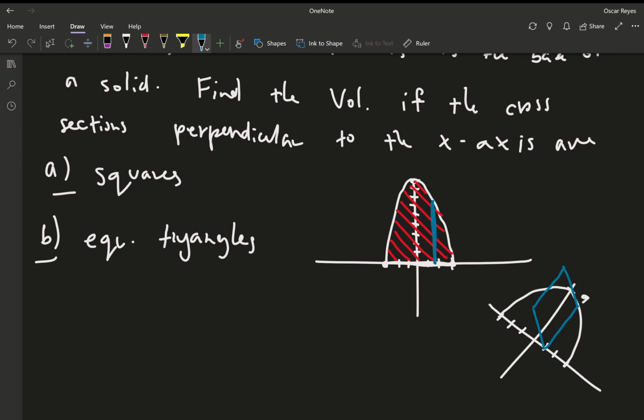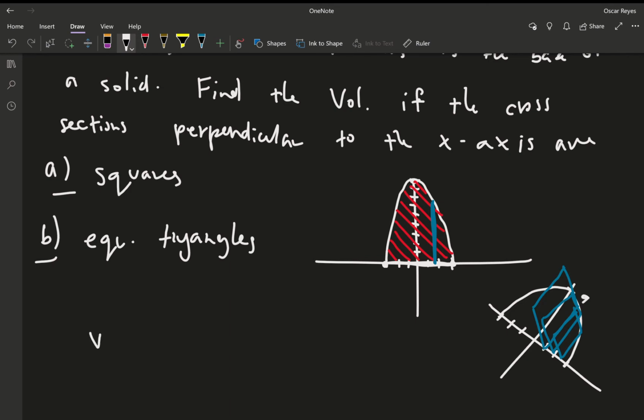To find the volume of this shape, because we're going to have different minute little cuts here to create some type of 3D shape, for each one we have to take the area of it and the thickness of it and add them all up. The way we can do that is through an integral. That's what an integral does. It dissects things so small and adds them all up for you.